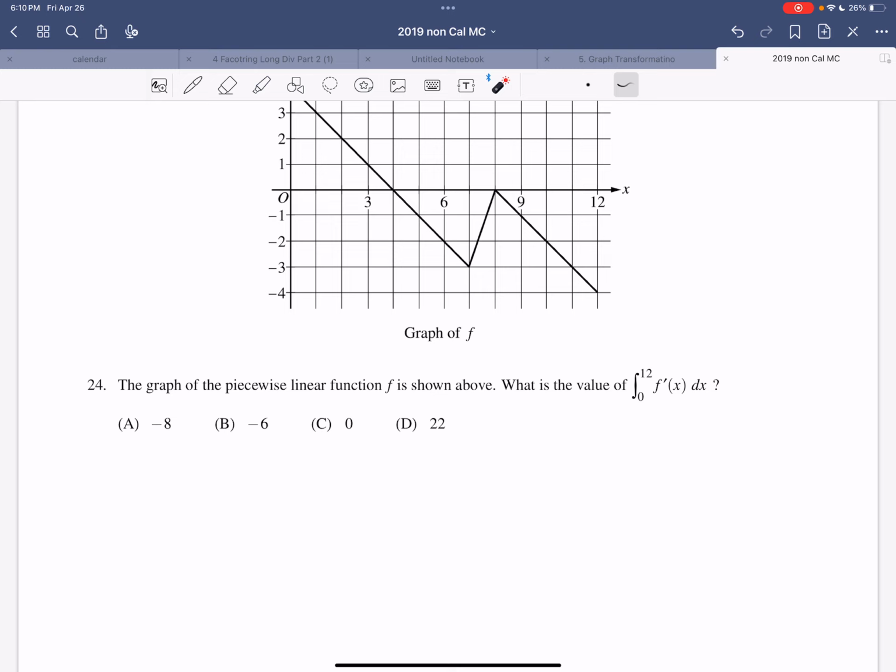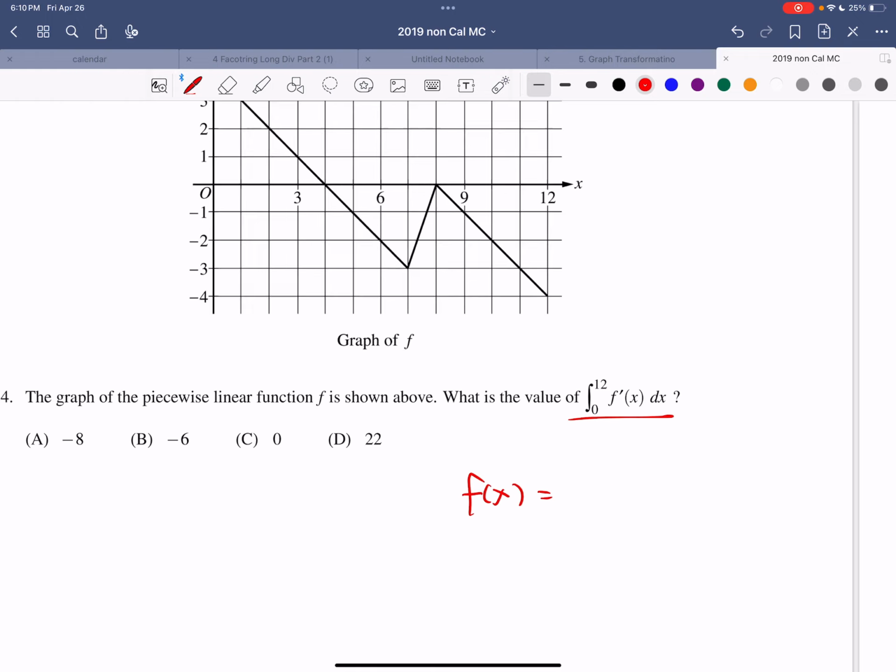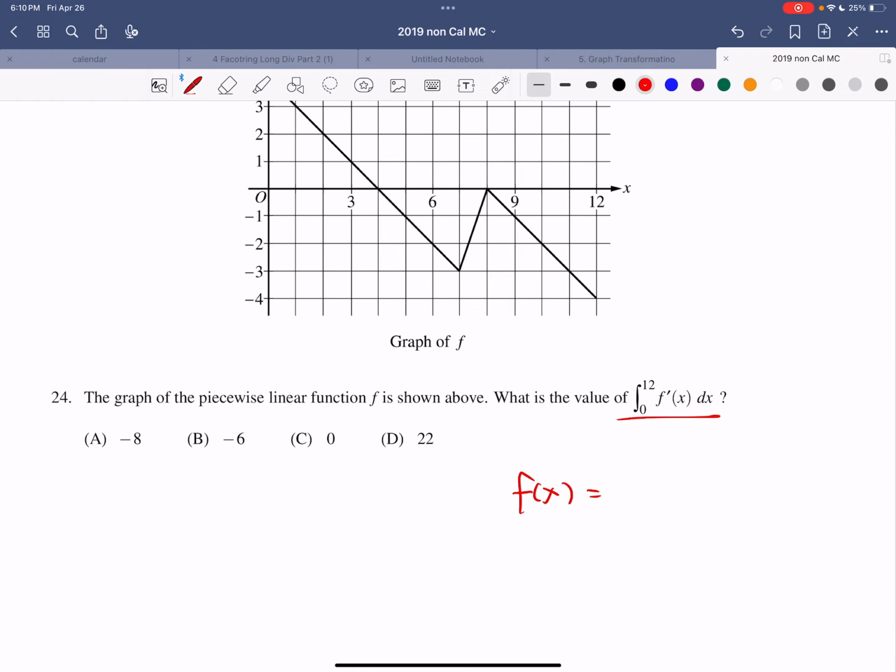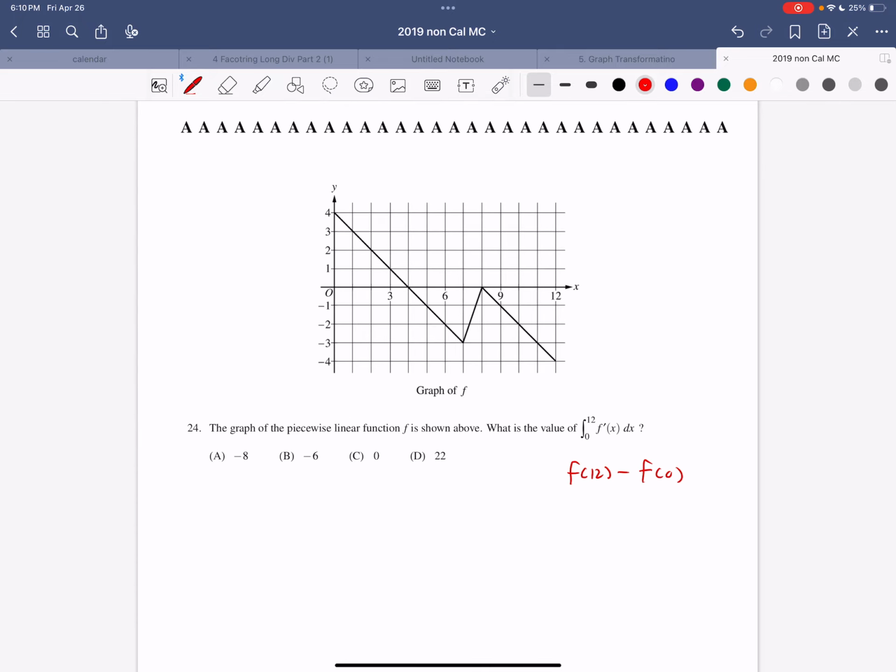If I want to have F of x, this is the same thing. If you anti-derive, not f of x, when you undo this, dx, this is the same thing as f of 12 minus f of 0, right? Because that's what an antiderivative is.